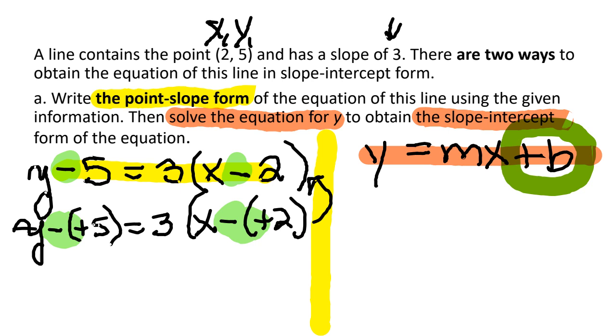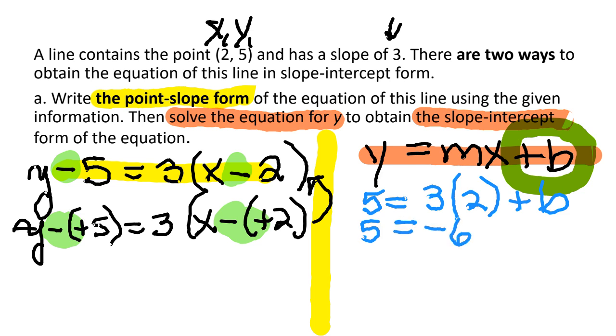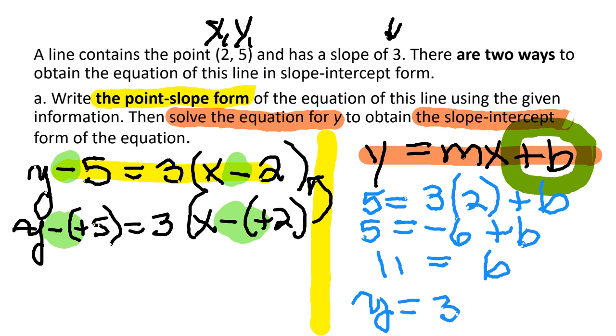I know that my y is 5, my slope is 3, my x is 2 plus b. Well, this is 5 equals negative 6 plus b. My b equals 11, which means my equation is y is equal to 3x plus 11.